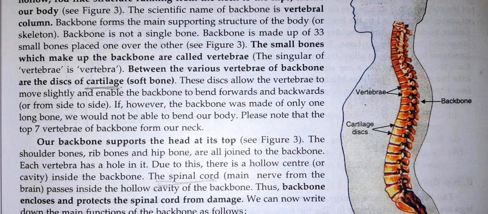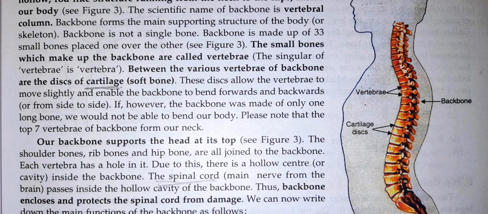The scientific name of the backbone is different. It is known as the vertebral column. So sometimes I will speak vertebral column, sometimes I will speak the backbone, and it also covers the spinal cord. Backbone forms the main supporting structure of the body.